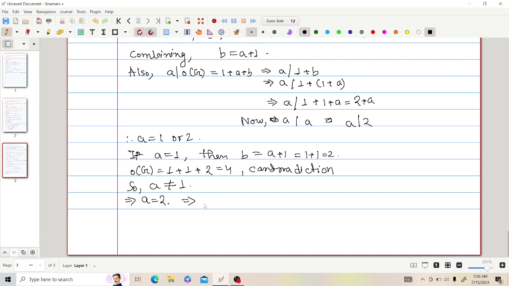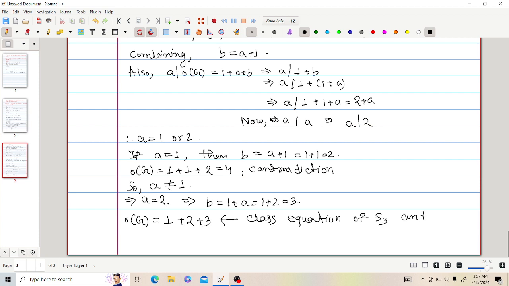If A is equal to 2, then B is equal to 1 plus A, 1 plus 2 is equal to 3. So finally we get the order of G is equal to 1 plus 2 plus 3, and this is the class equation of S3.